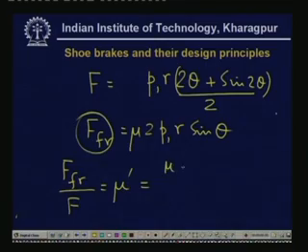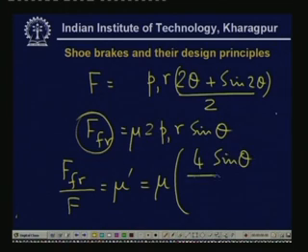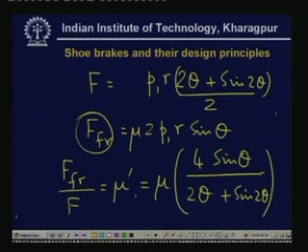This is not equal to mu, as you can see, and it becomes mu times a factor, 4 sine theta divided by 2 theta plus sine 2 theta. So, this is the equivalent coefficient of friction due to the distributed nature of this force. We see that mu prime is not equal to mu, but multiplied by this factor, and this factor is always greater than 1.